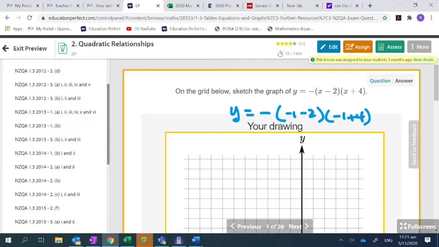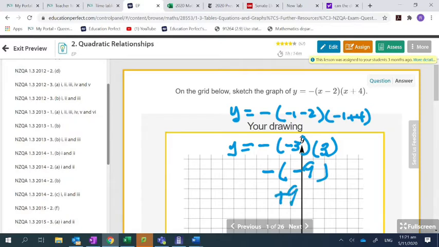Excellent. So simplifying, -1 and -2 combine to make -3. Combining these like terms, -1 plus 4 gives you +3. -3 times +3 is -9. And this negative in front of there is going to turn it into a 9. So that gives me the point -1, 9 as my vertex.